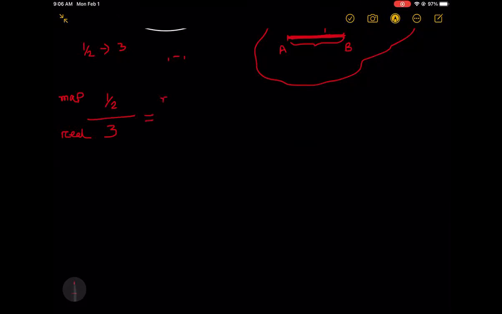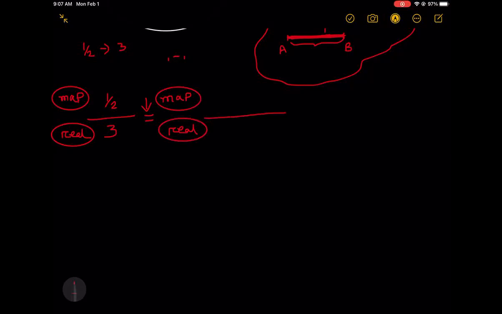On the right, we will have the same proportion again, because whenever you have an equality, as I said before, you need to have the same units, okay? So on the left, we are taking the proportion of the length on the map and the real length. So on the right, we'll do the same, the proportion of map over real.